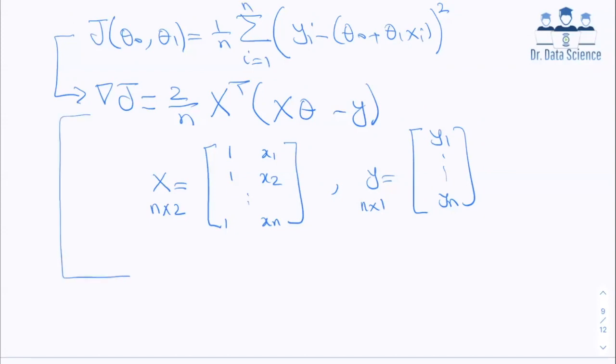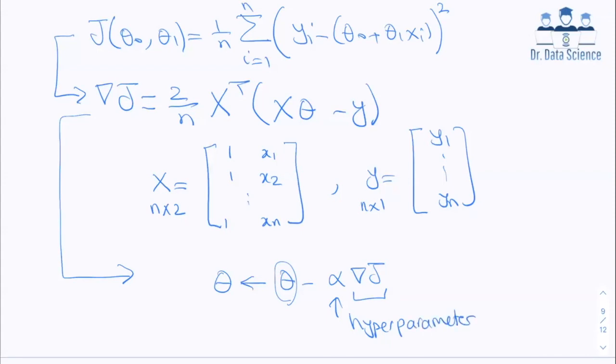And then in the next step, when you want to solve the problem using gradient descent, you initialize the value of theta, and then you repeat this process: you subtract from the current value alpha, which is the learning rate or learning step, times the gradient. Alpha is a hyperparameter that we have to tune to be able to solve this problem and make sure that the solution is converging to the optimal solution.